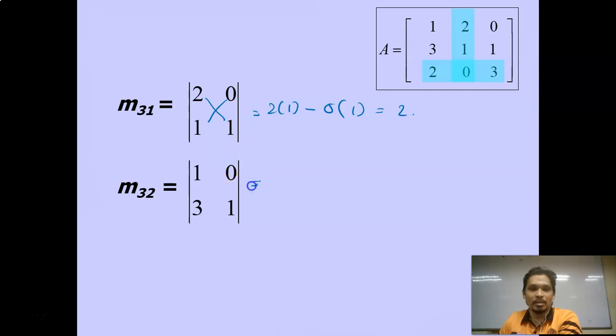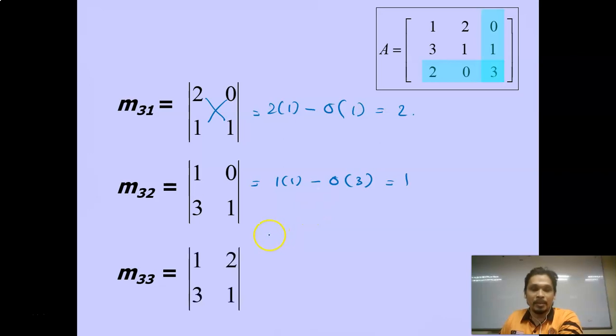And here now, 1 times 1 minus 0 times 3, 1. Then 1 times 1 minus 2 times 3, 1 minus 6 equal to negative 5.